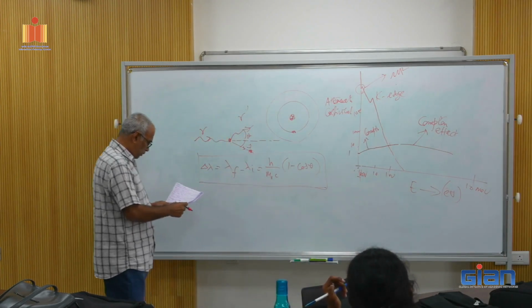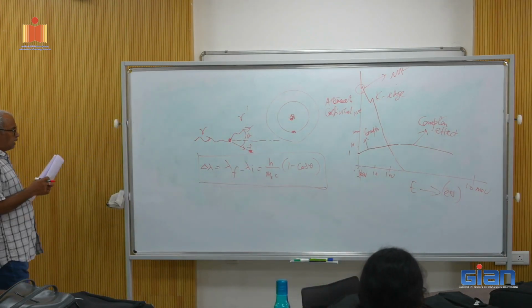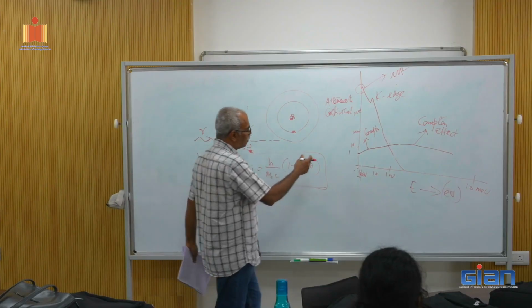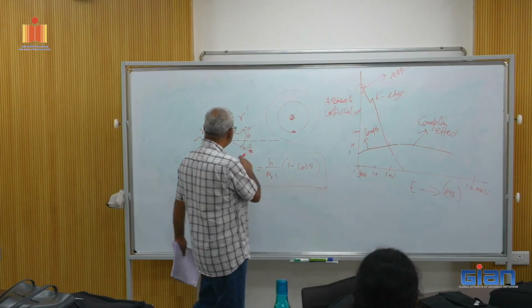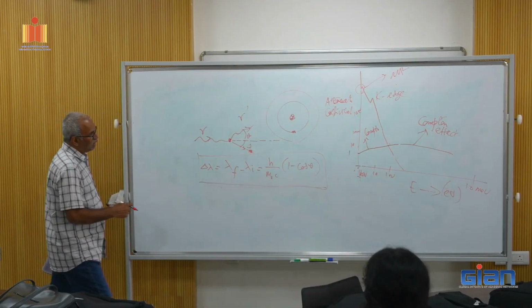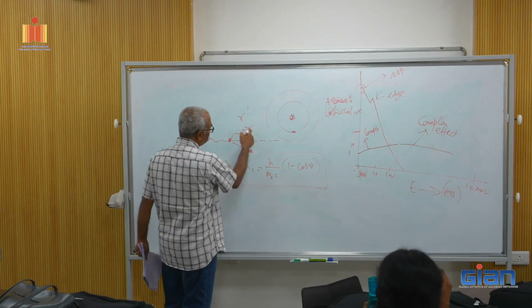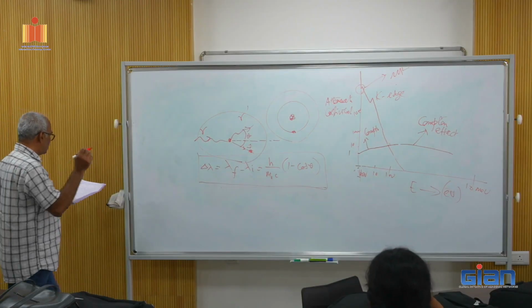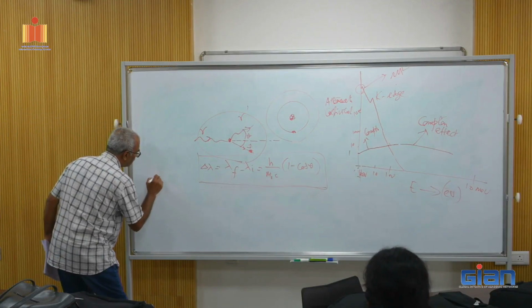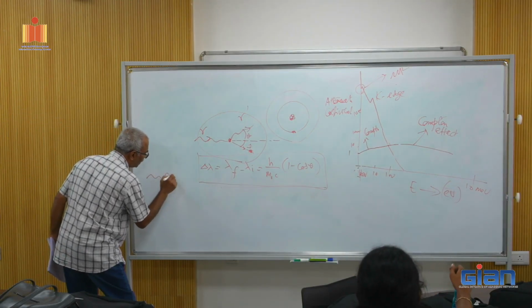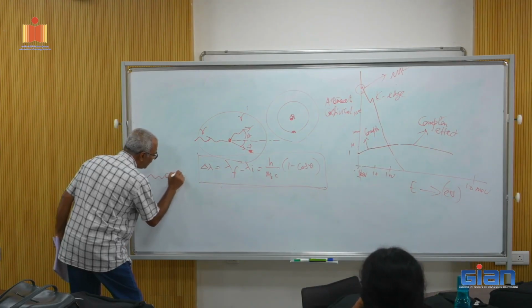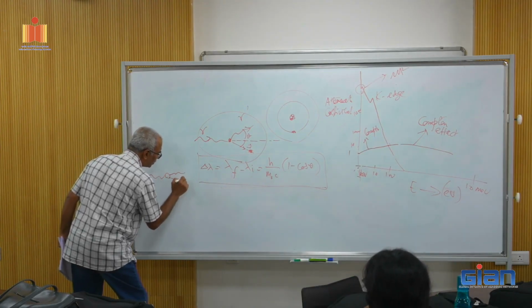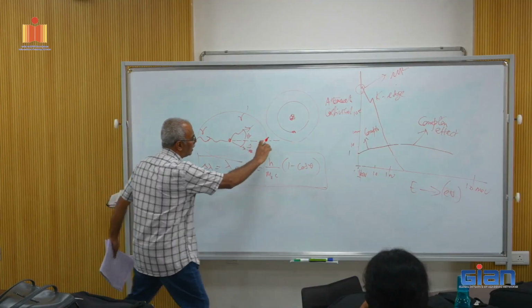Before moving forward, let's see that there are a few possibilities when the photon interacts with the electron. Most of the time it follows this kind of pattern. Sometimes the photon is deviated very slightly and the electron is also deviated, because the scattering angle is very small.